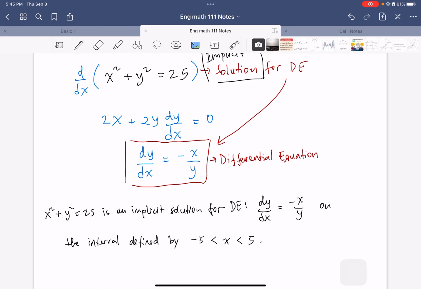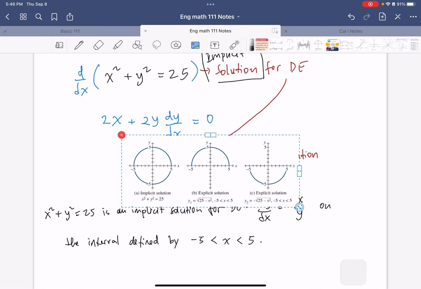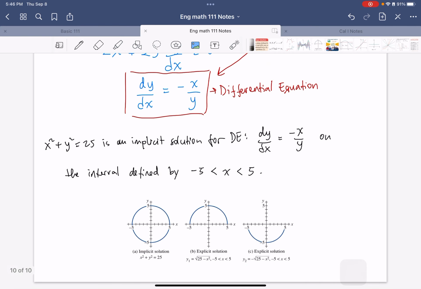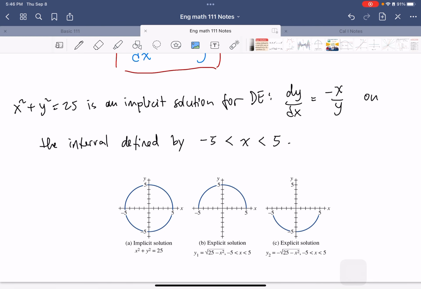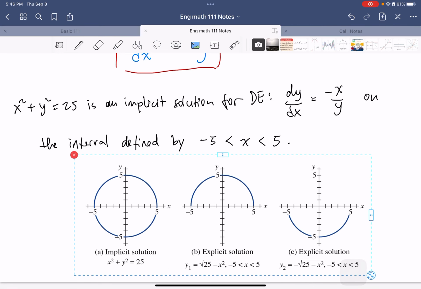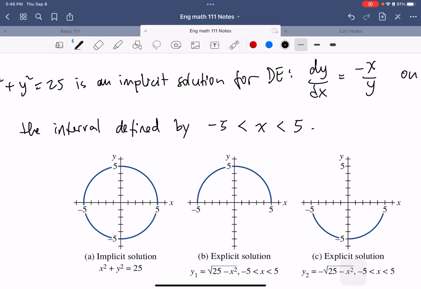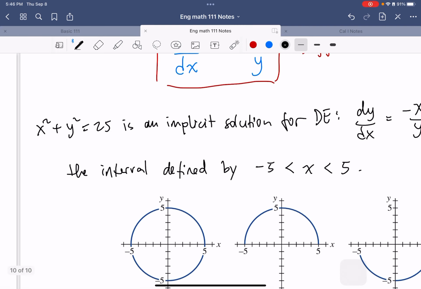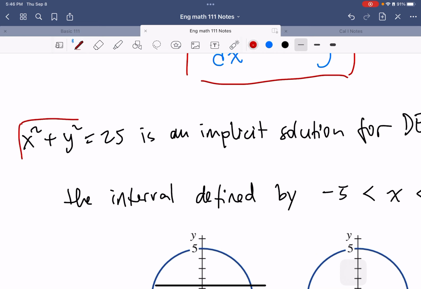And remember, when we deal with the implicit in your calculus, I think Calculus 1, when we have this x squared plus y squared equal 25, if you would like to differentiate, before we learn implicit, one way to differentiate is we are going to solve either for x squared or y squared.